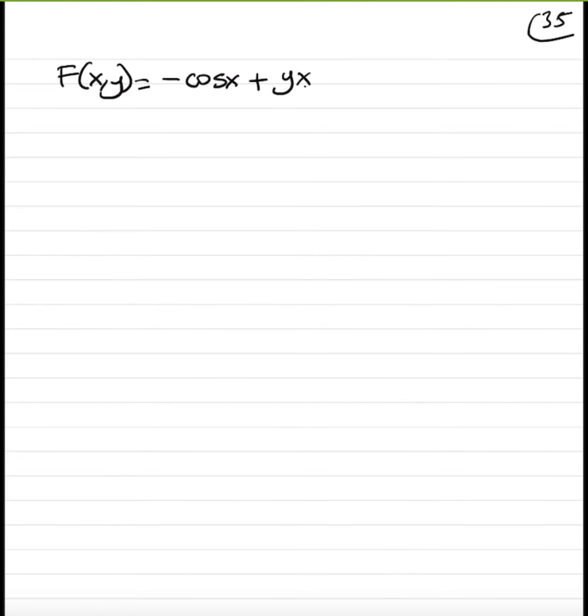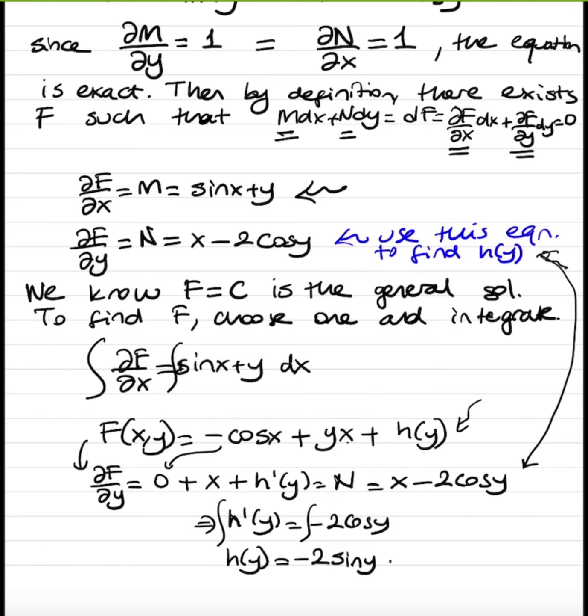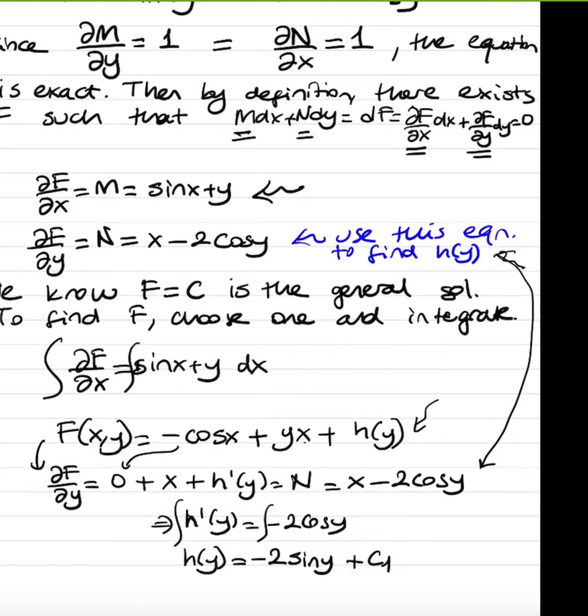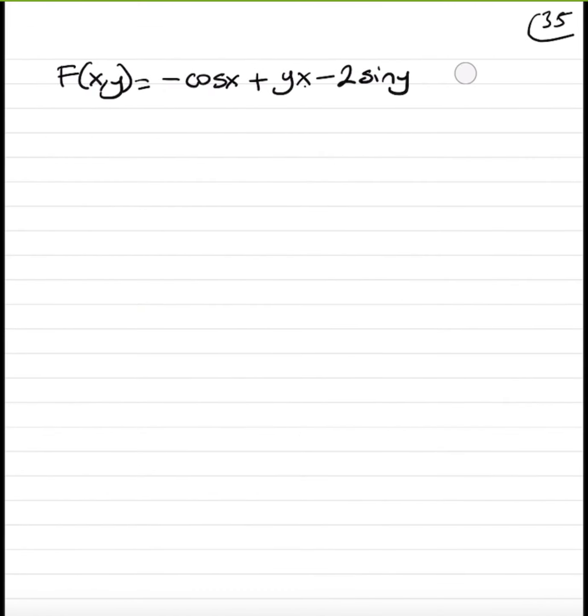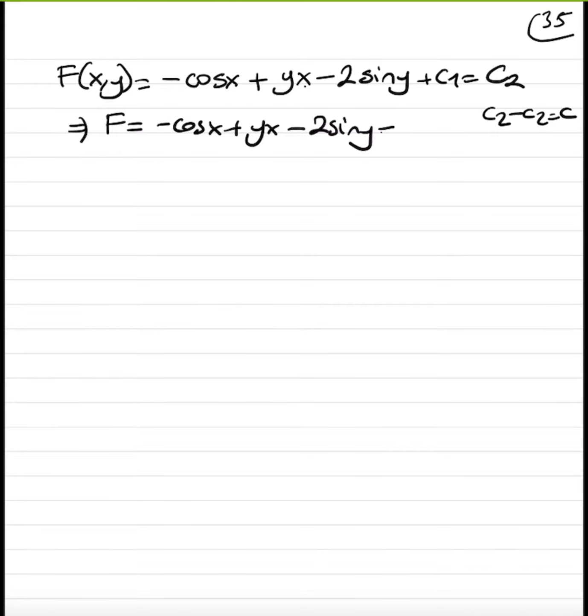Let's write plus c1, and c1 combined with the constant from f gives c. Let's say c2, then we will write c2 minus c1 as c. So f is equal to minus cosine x plus yx minus 2 sine y is equal to c, is the general solution.